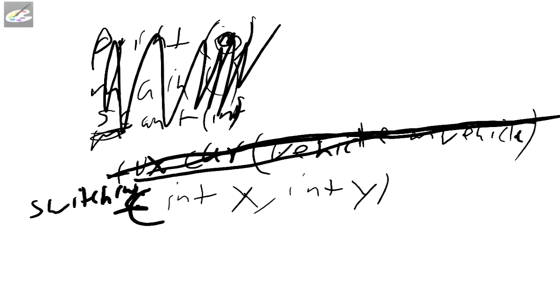Basically what happens is it's going to do z is equal to x, then y is equal to z, y is equal to x, and then x is equal to z. Anyways, you get the point.